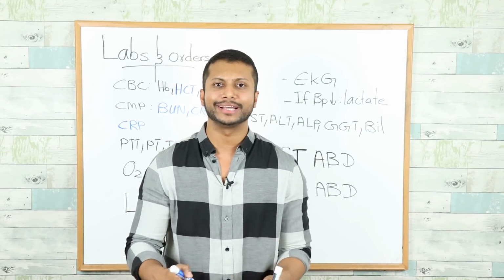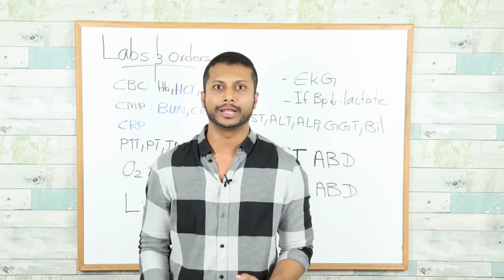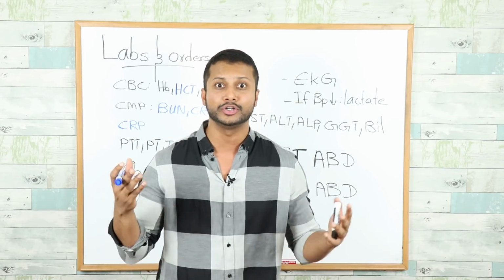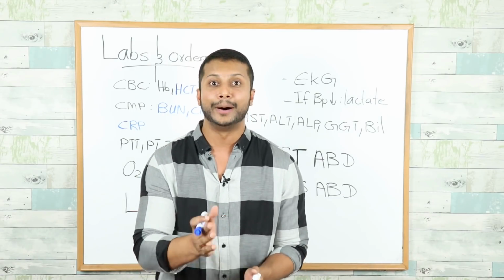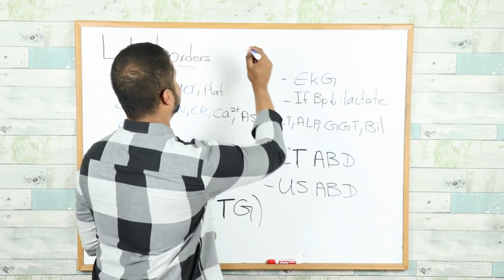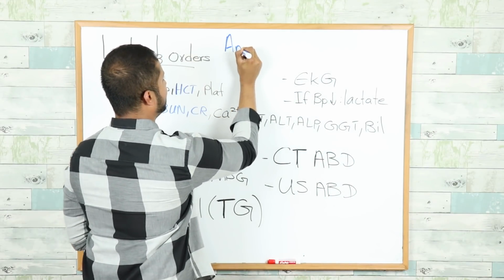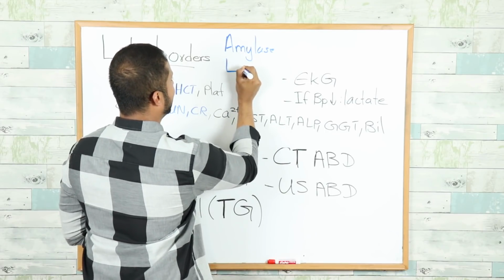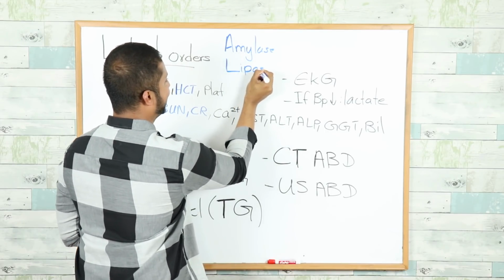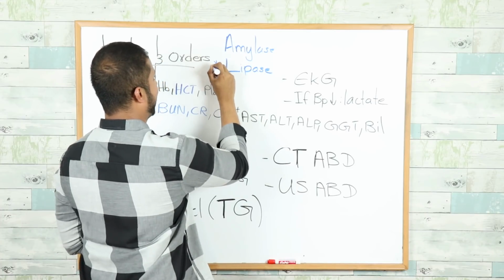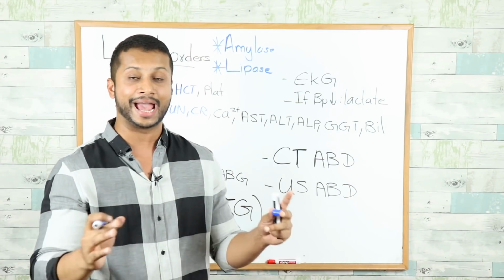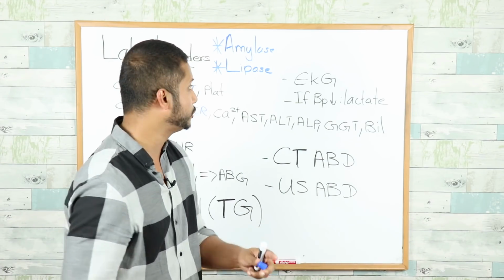So I've told you guys already what lab tests you're going to order in this patient. Wait a second, am I missing something? I am, right? Remember I told you a diagnostic criteria was what? Amylase and lipase. Alright, so good if you guys were actually following to see if I was making a mistake or not. Amylase and lipase levels, right? These are diagnostic criteria, do not have any form of prognostic indication, but amylase and lipase has to be taken into account, right?